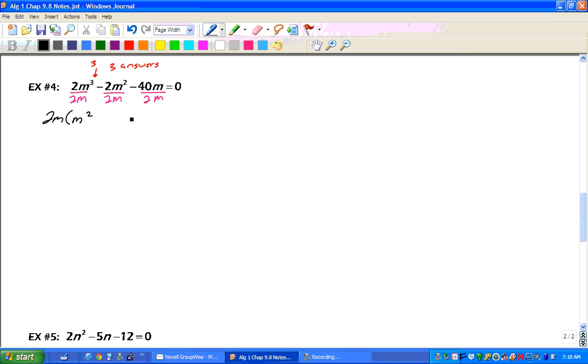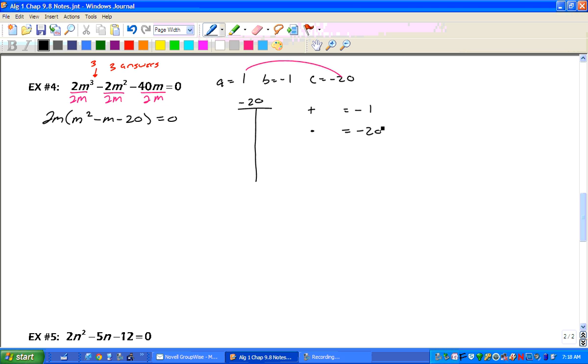We're left with m squared minus m minus 20 equals 0. Okay? So a equals 1, b equals -1, and c equals -20. I want the factors of -20, numbers that add up to get to -1, and multiply to get me -20.